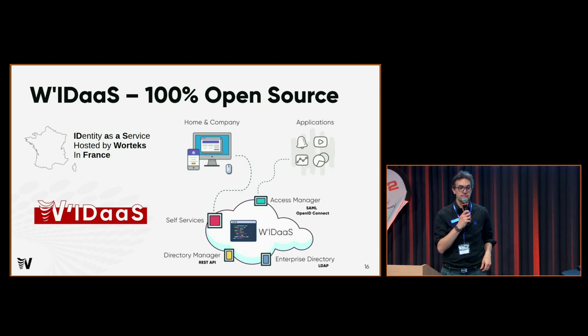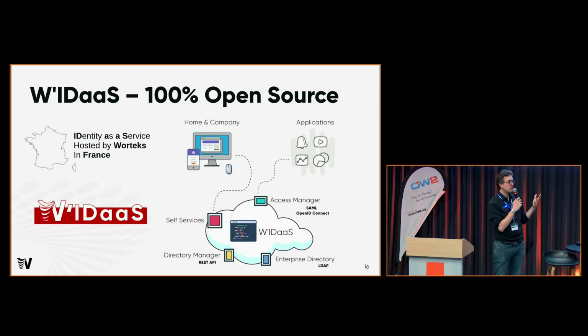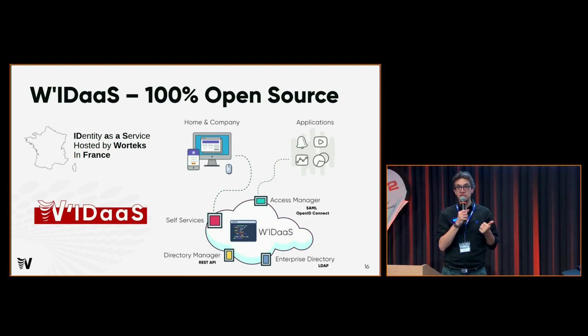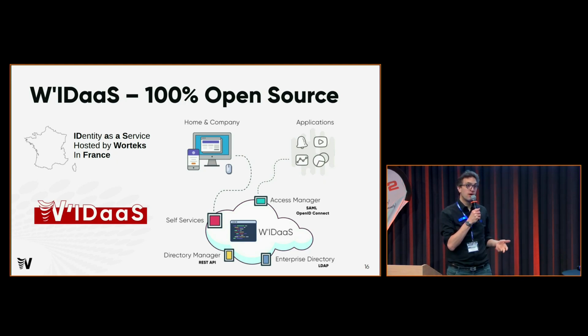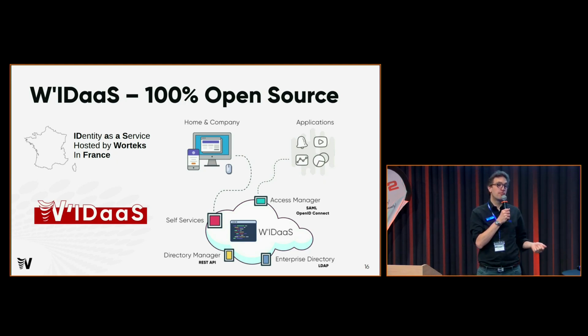So with FusionIAM, all is pre-configured, and when you run the containers, they already know where to find the users. And we decided to offer this solution as a SaaS, so software as a service, and we created Worteks Identity as a Service, WIDAS, with the particularity that is, of course, open source, fully open source, and it's fully hosted in France on servers that were bought by Worteks.